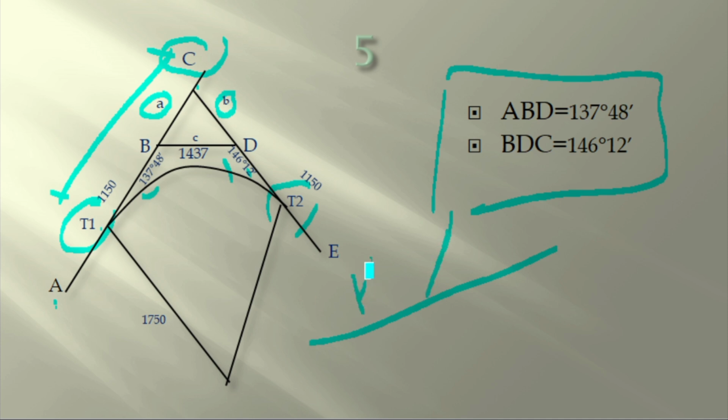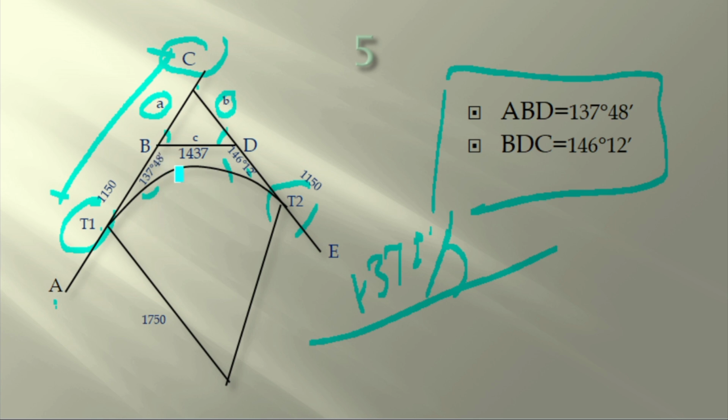So with 137.48, we subtract from 180 and get the angle that remains. The same is done by subtracting 146.12 from 180, and we get the internal angles of these triangles.